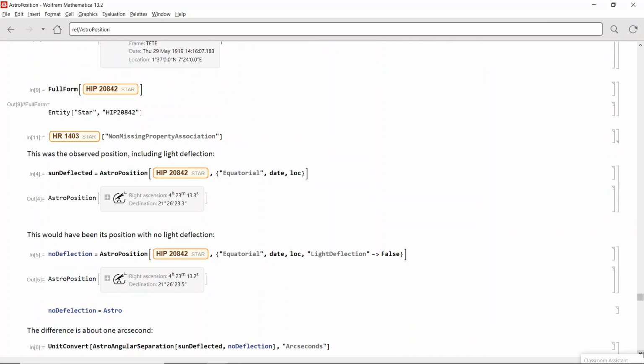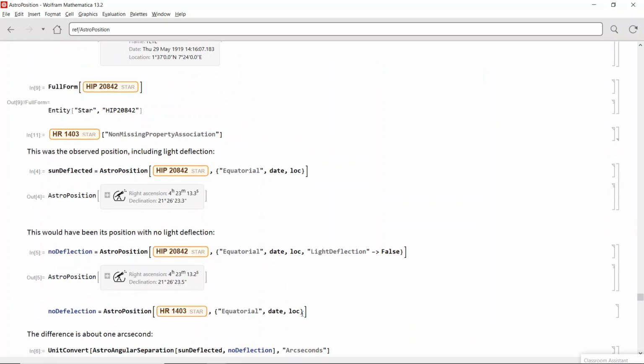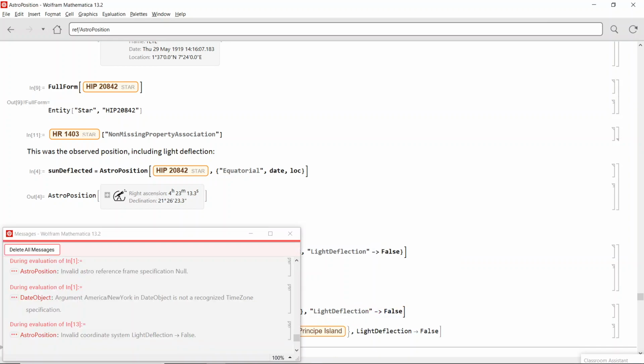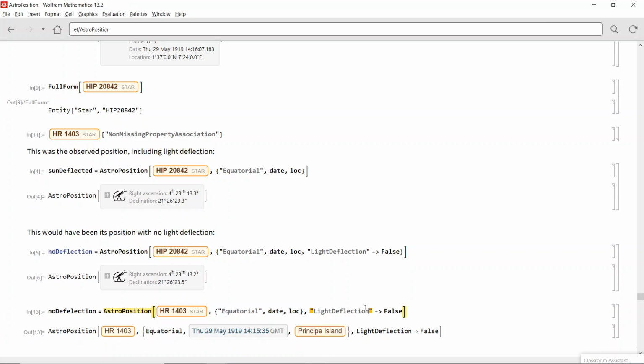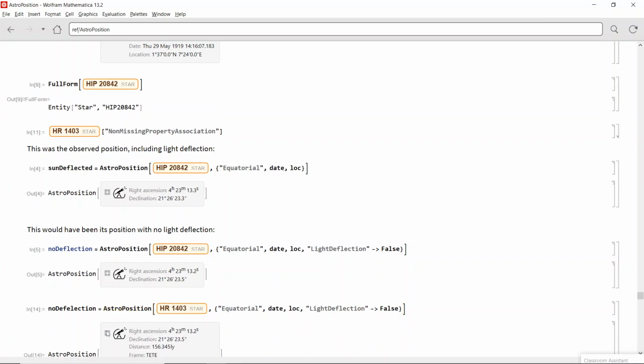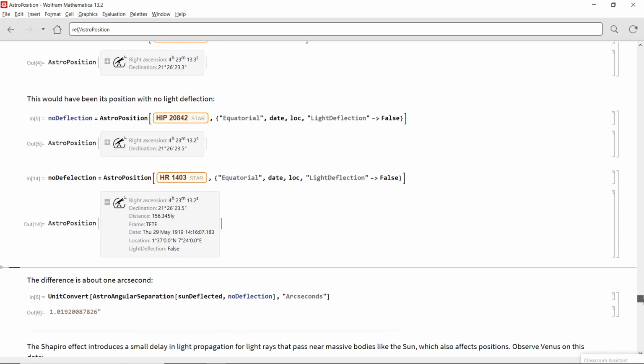No deflection equals light deflection false. Oh, why didn't that work? Oh. The difference is about 1 arc second.